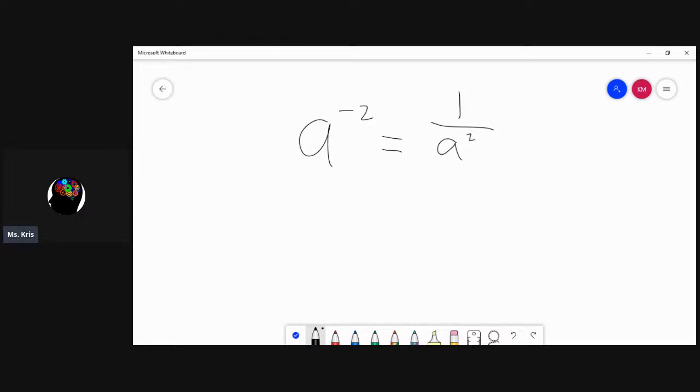Or if you have a fraction and it's raised to a negative power, you then can flip that and make it whole.